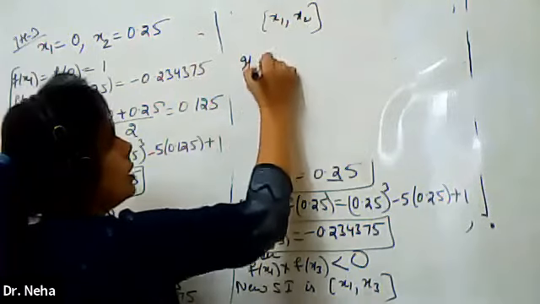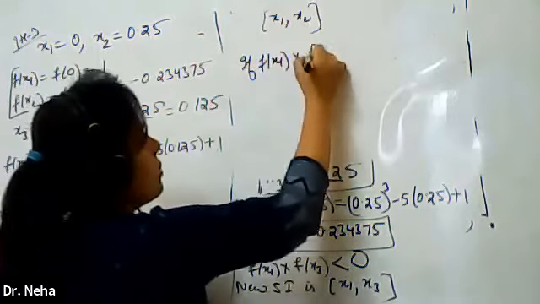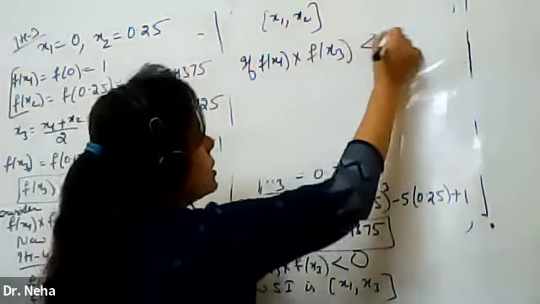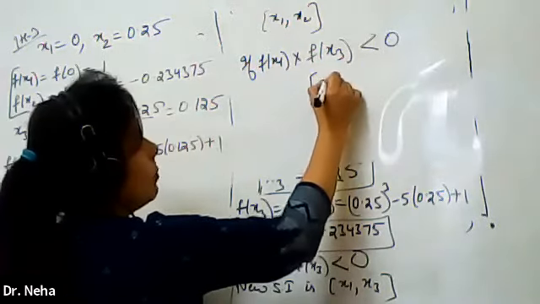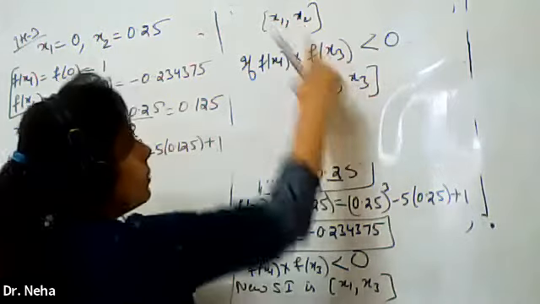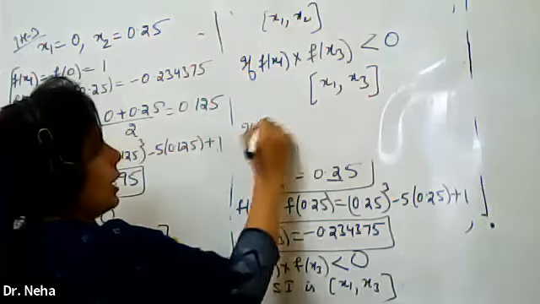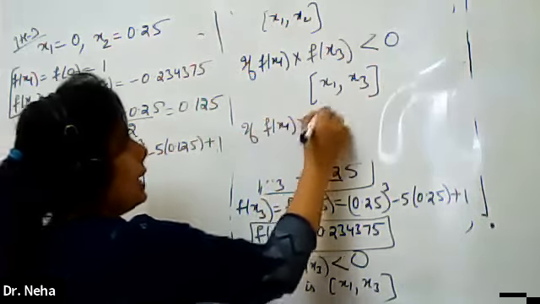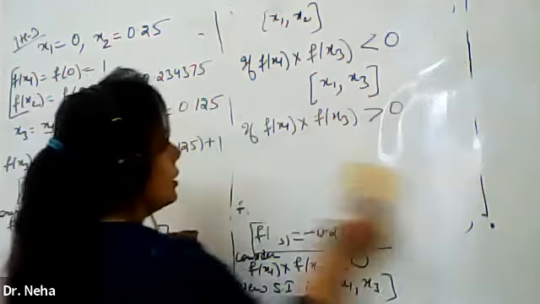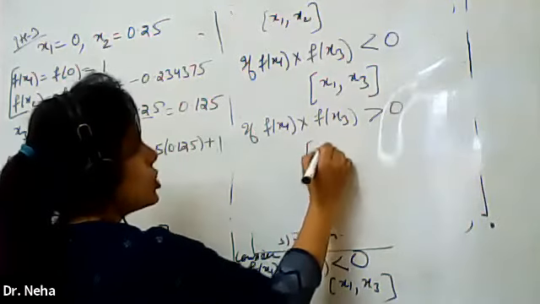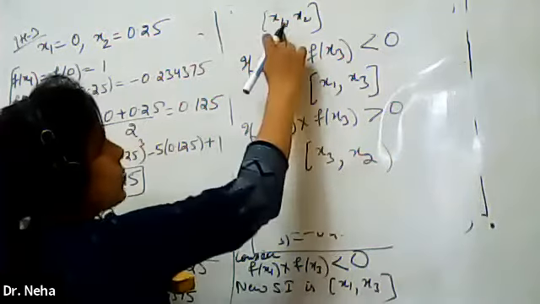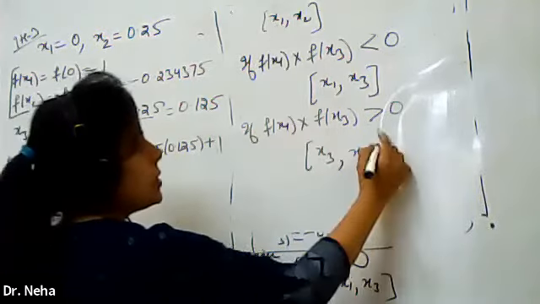Now what is the condition? If fx1 multiplied by fx3 is less than 0, then the interval will be x1 comma x3. That means x2 will be replaced by x3. And if fx1 multiplied by fx3 is greater than 0, in this case, the new search interval will be x3 comma x2. That means x1 will be replaced by x3.